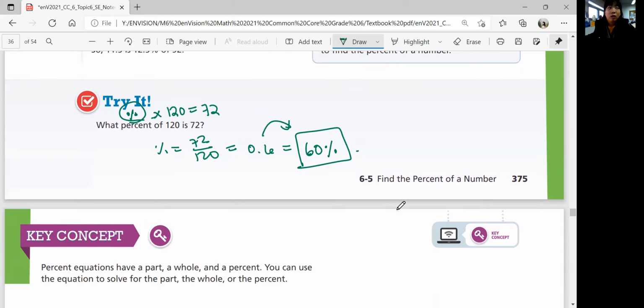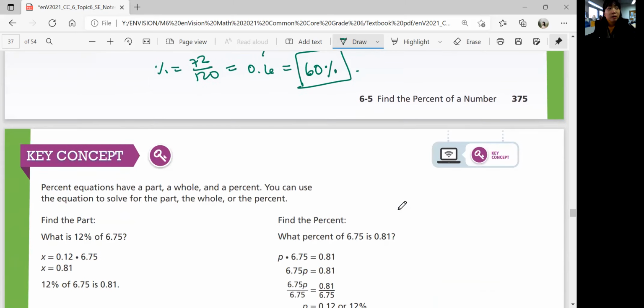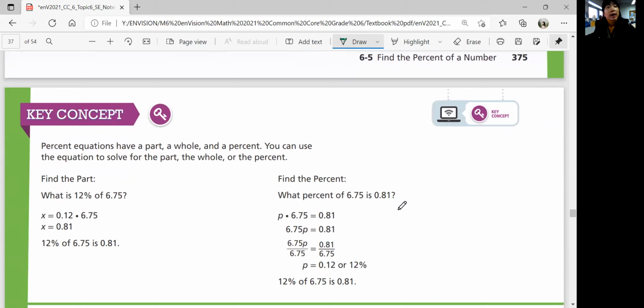Okay, so let's summarize our lesson. Percent equations have a part, a whole, and a percent. You can use the equation to solve for the part, the whole, or the percent. To find the part, you multiply the percent by the whole. To find the percent, you divide the part by the whole.